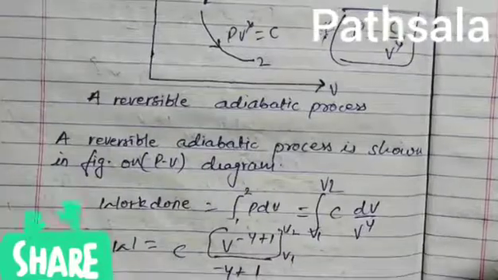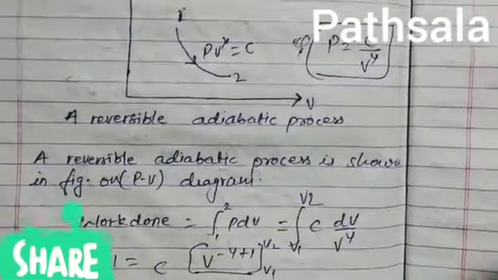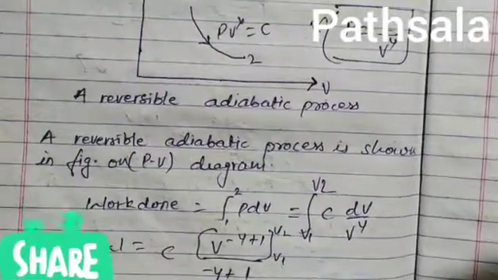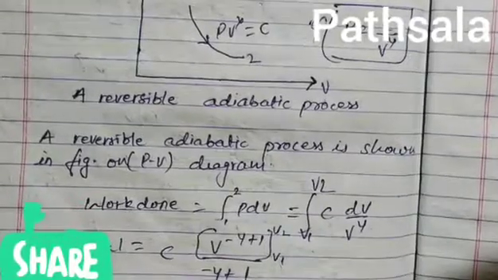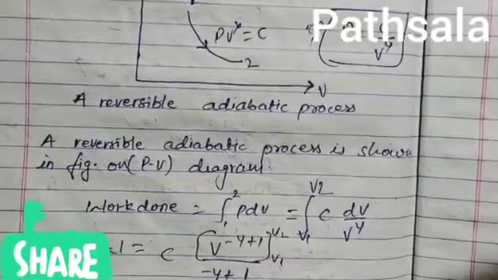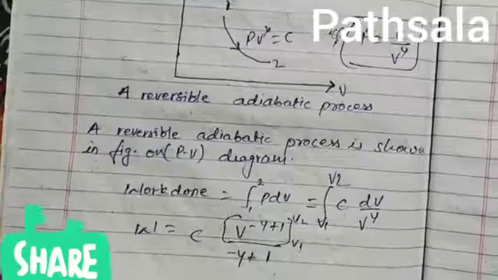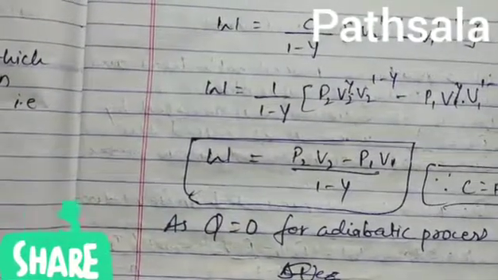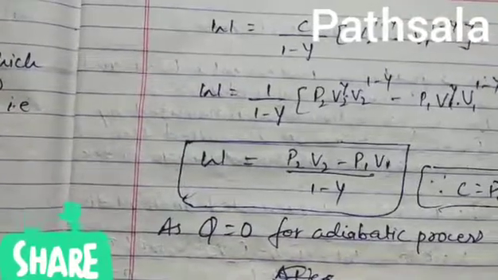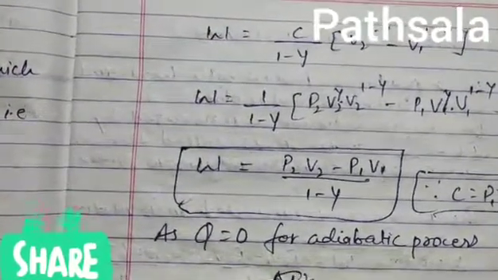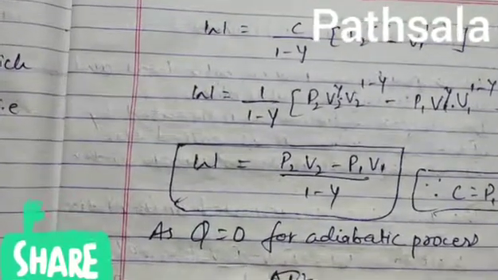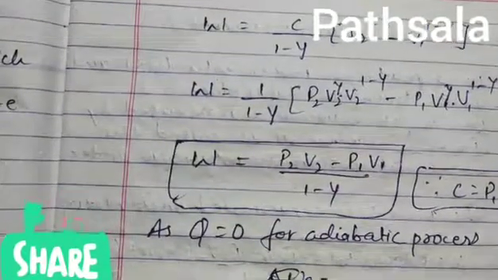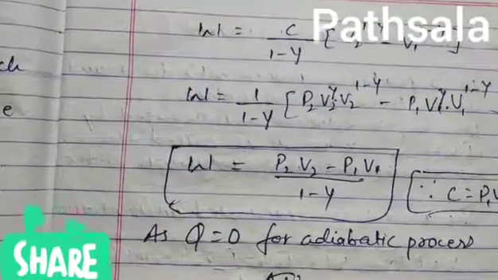We get W is equal to C V to the power minus gamma plus 1 upon minus gamma plus 1, as we know the integration properties. We get W is equal to C upon 1 minus gamma, bracket V2 to the power 1 minus gamma minus V1 to the power 1 minus gamma.